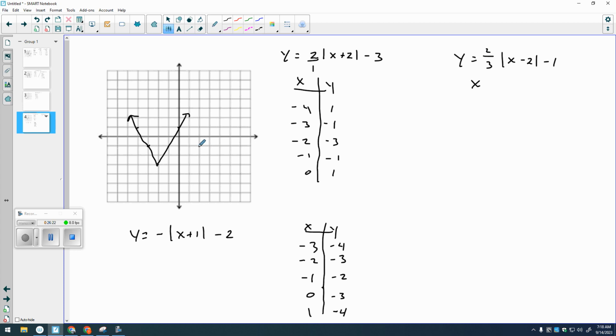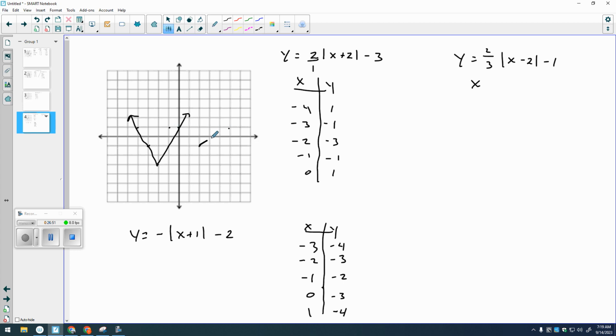Okay, from that V, I'm simply going to graph the slope just like I did here, but now I'll do it here. So now my rise is 2, back from linear stuff. My slope, my rise over run. Rise is 2, run is 3 in both directions. So I'll go rise of 2, run of 3 to the right, and a run of 3 to the left. Rise of 2, a run of 3 in both directions.